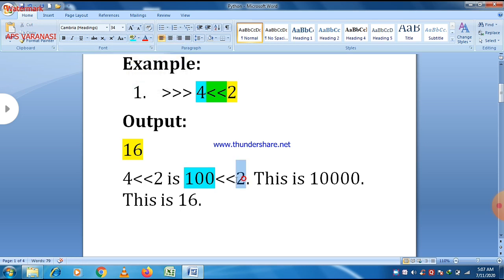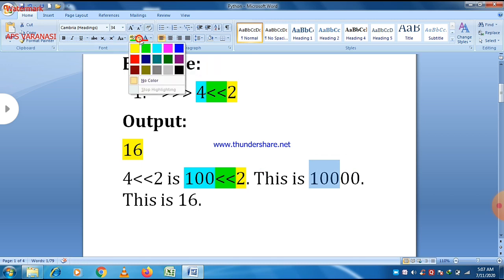And then we shift 100 by two binary places in the left direction, and it equals 10000. So shift it two places to the left hand side. You can see that it is shifted two places to the left hand side.